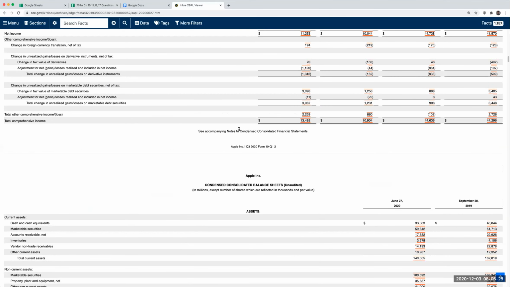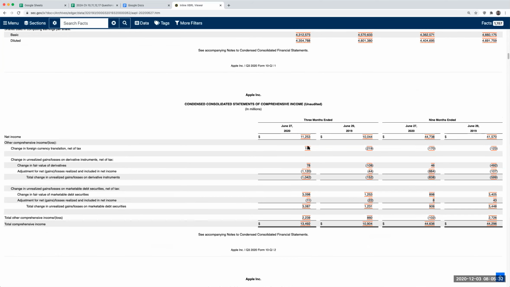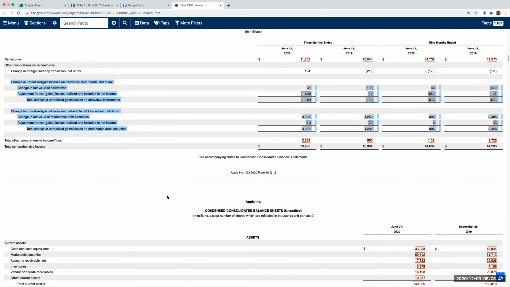If you notice here for Apple, they have net income, and then they have comprehensive income. This is really where you put some of the other comprehensive income.